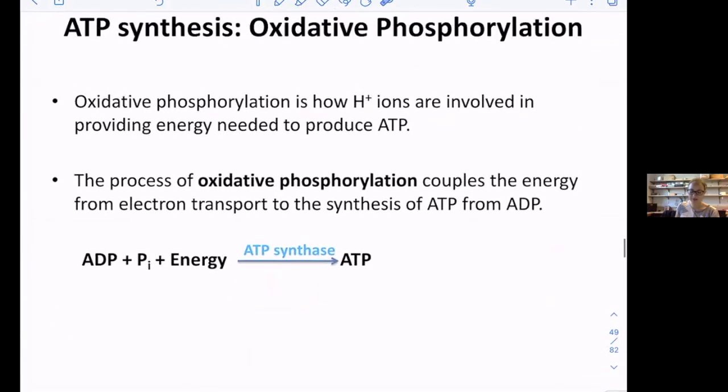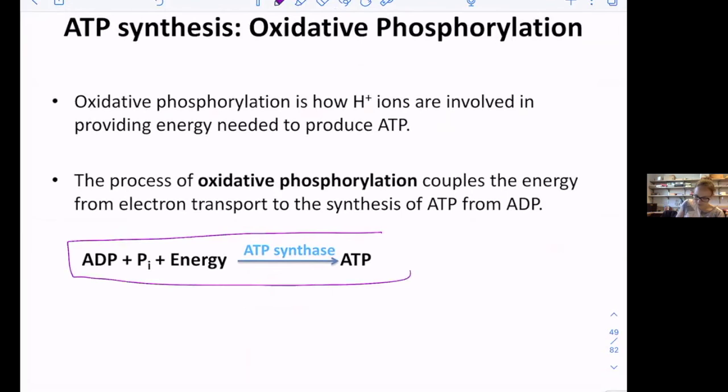So what is oxidative phosphorylation? This is how protons are involved in providing the energy needed to produce ATP. It couples the energy from electron transport to the synthesis of ATP from ADP. What you need to know is the overall reaction for oxidative phosphorylation.